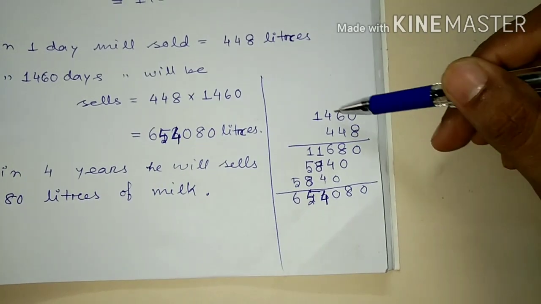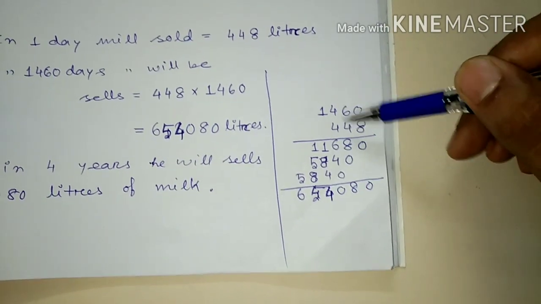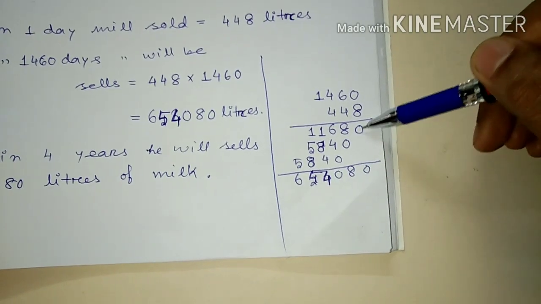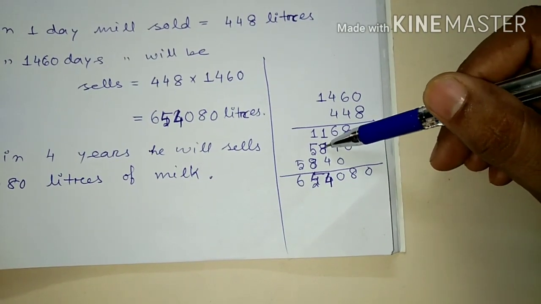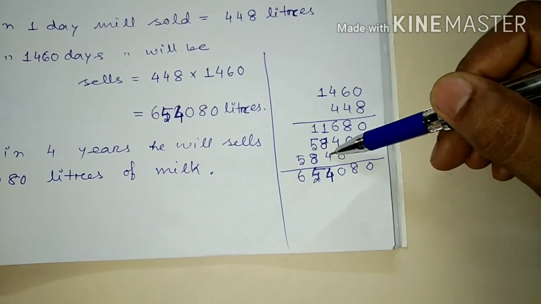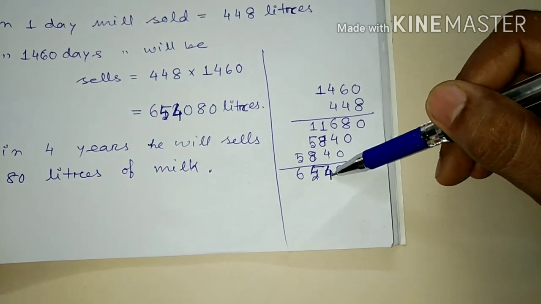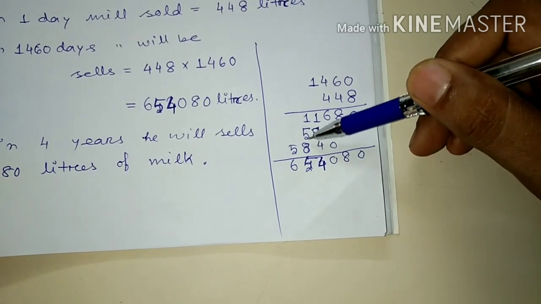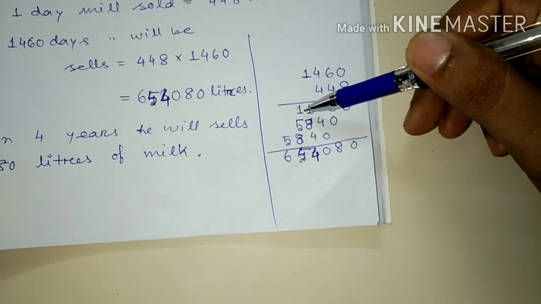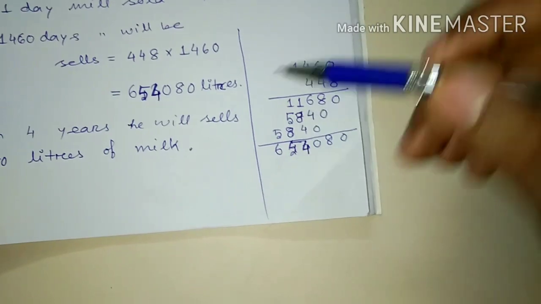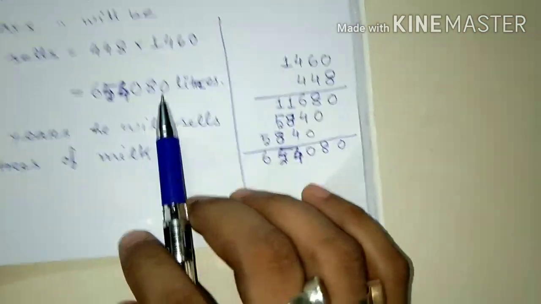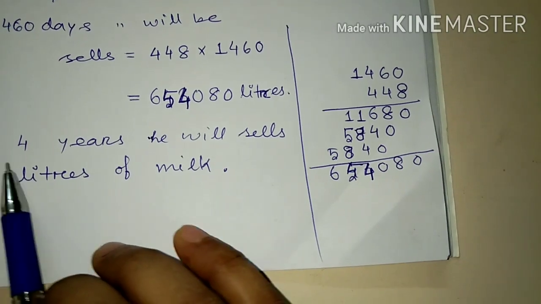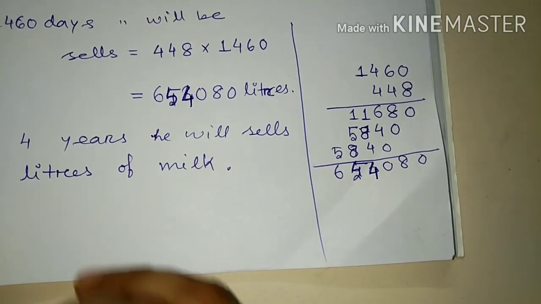In your hand is 2, 4 4s are 16 plus 2 is 18, 4 1s are 4 plus 5. Now you add. So 654080.